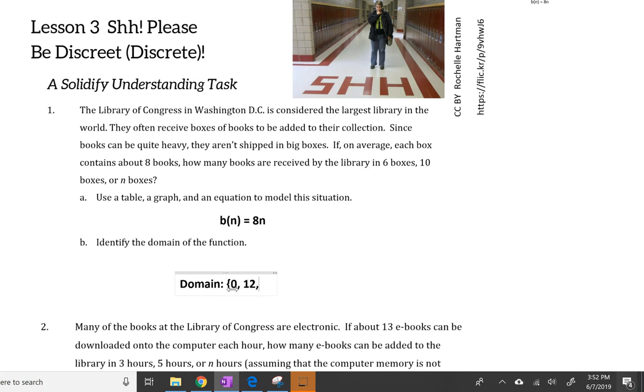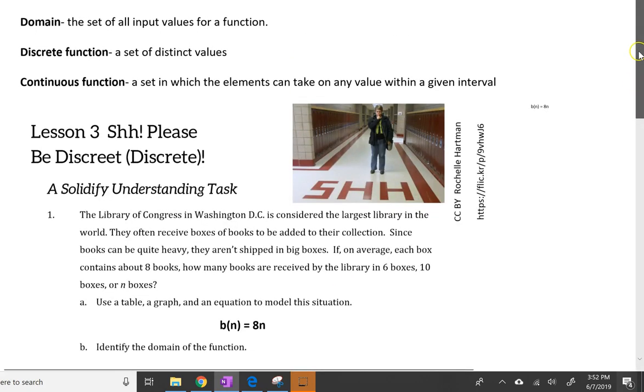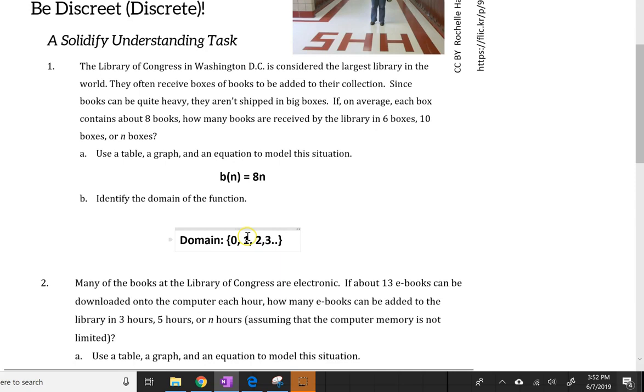So 0, 1, 2, 3, and that could continue on forever. That's a discrete function because it's a set of distinct values. The distinct values are whole numbers. Nothing in between, nothing outside of that, above or below it, just a set of whole numbers. So this is a discrete function.